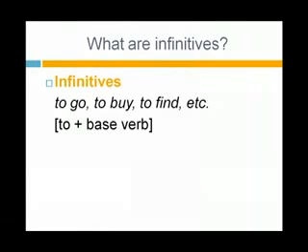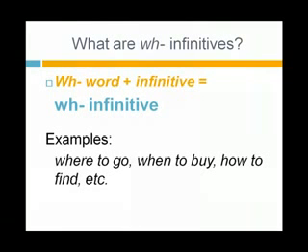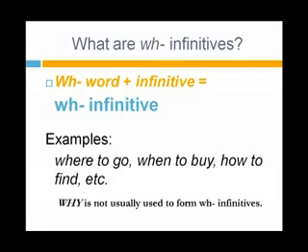They're formed by using to plus the base verb. What are WH infinitives? They're simply a WH word, also known as a question word, plus the infinitive. For example, where to go, when to buy, how to find. Please note that why is not usually used to form WH infinitives.